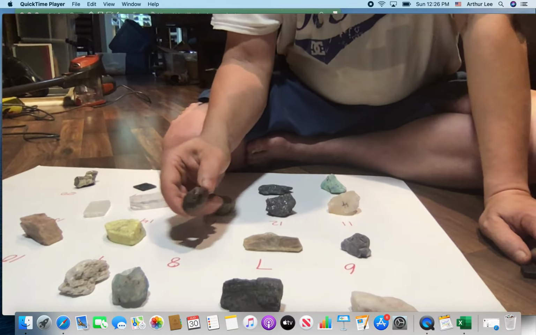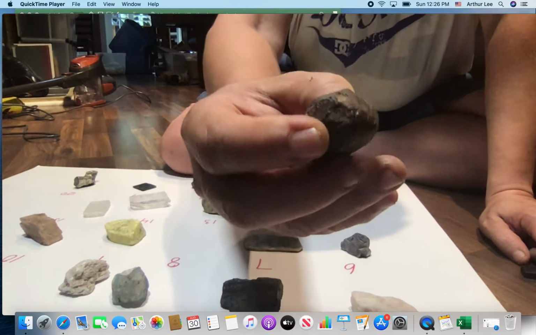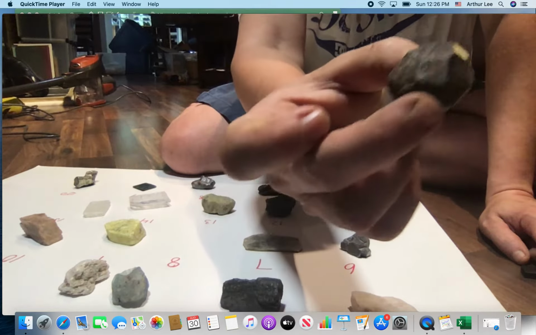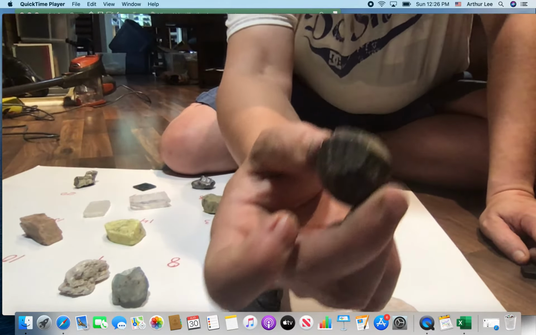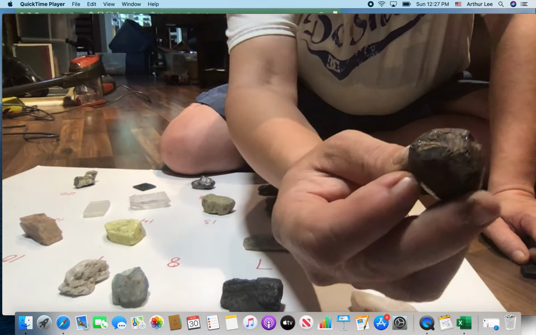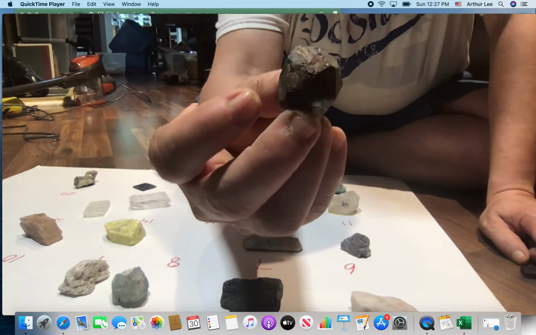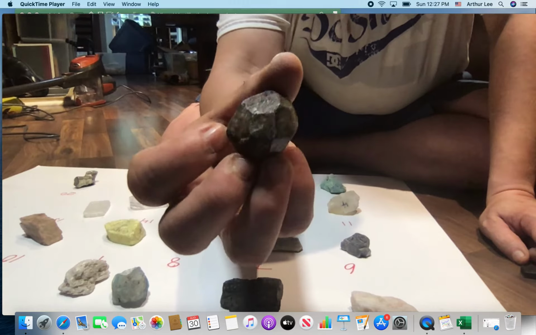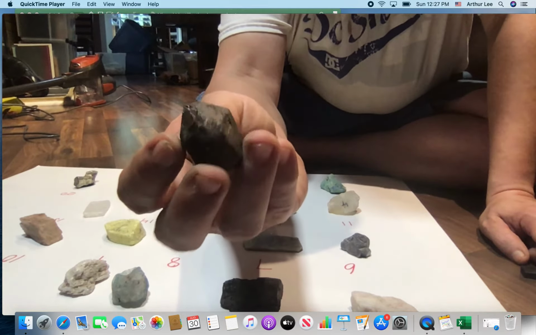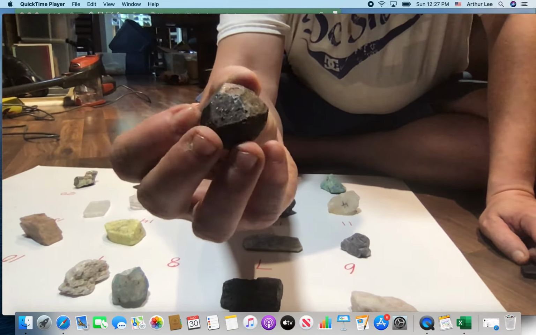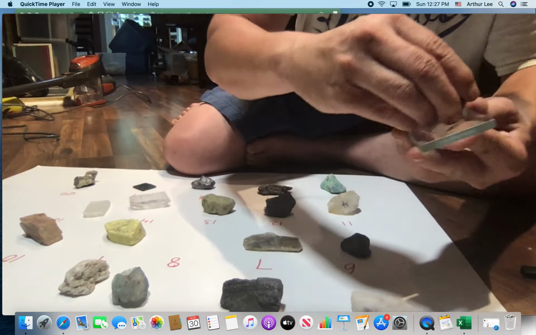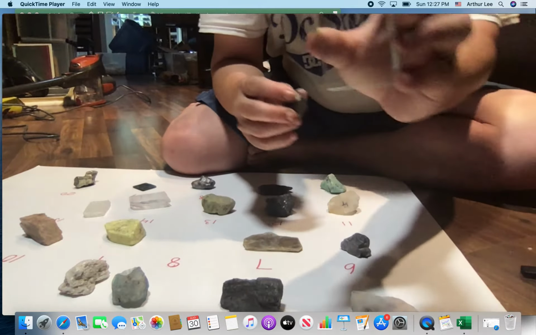Mineral number 8, right here. What color is it? It's got 12 sides. It's a 12-sided crystal. It scratches glass.